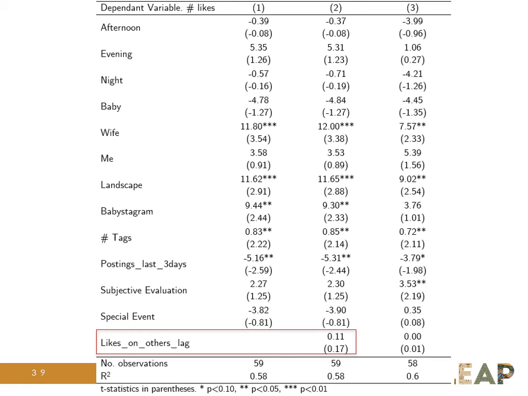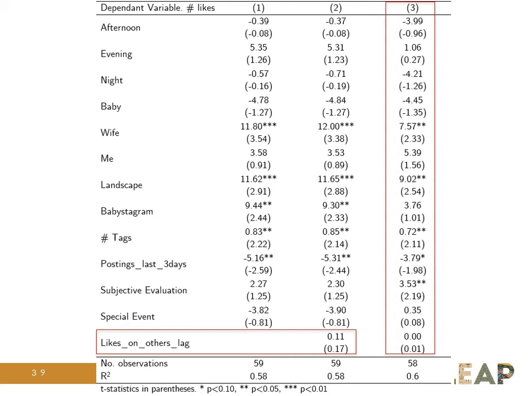And then the next thing I tested, but you remember that I had an outlier. I got 90 likes in one posting, and that was the outlier, which might change the general results. So I removed the outlier and did the same test with the same variables, and there were several differences from the third model, and that's the effect of babystagram.